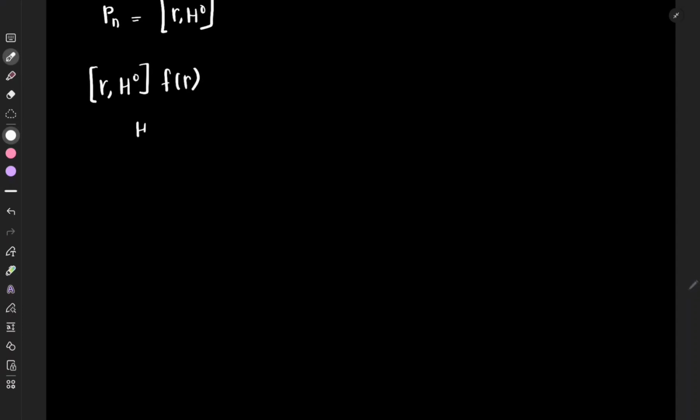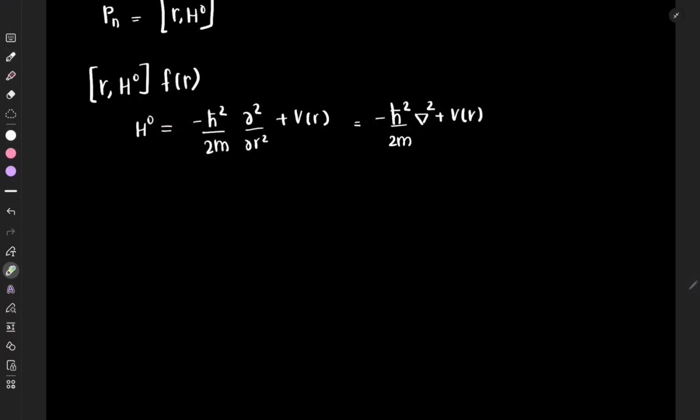So you know h naught is nothing but minus h cross square by 2m dou square by dou r square plus v of r, which can also be written as minus h cross square by 2m del square plus v of r. You just have to substitute this here.